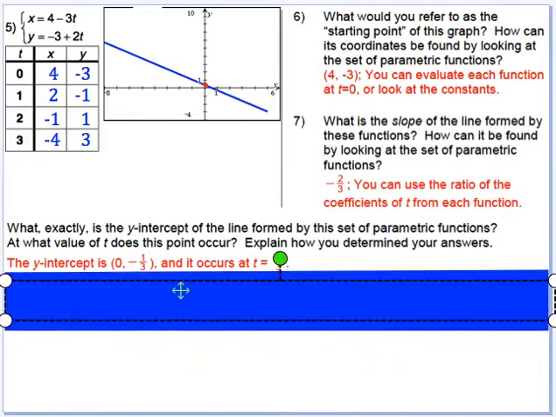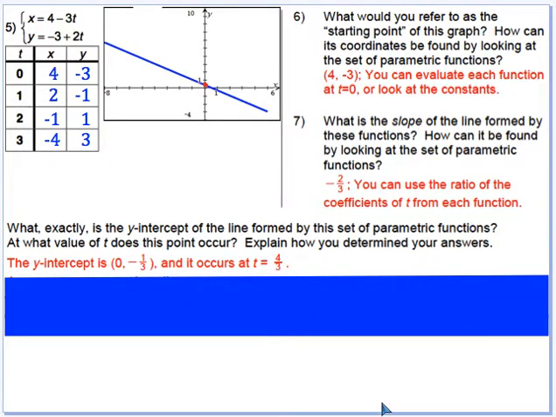The way I find that out is first I figure out what t is when x is 0. So we found out that t was 4/3 when x is 0. We just plugged in a 0 for this x and solved for t. And then we plug in that value, this 4/3, for our t here. Well, 4 times 2 is 8 divided by 3.